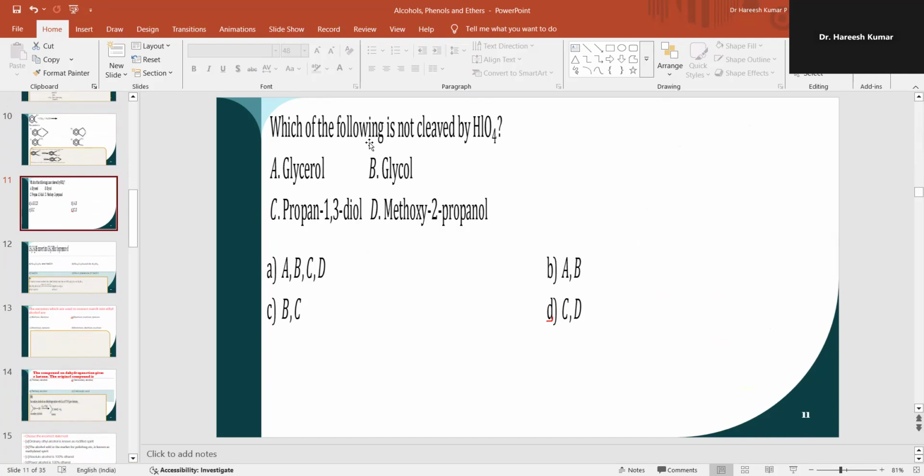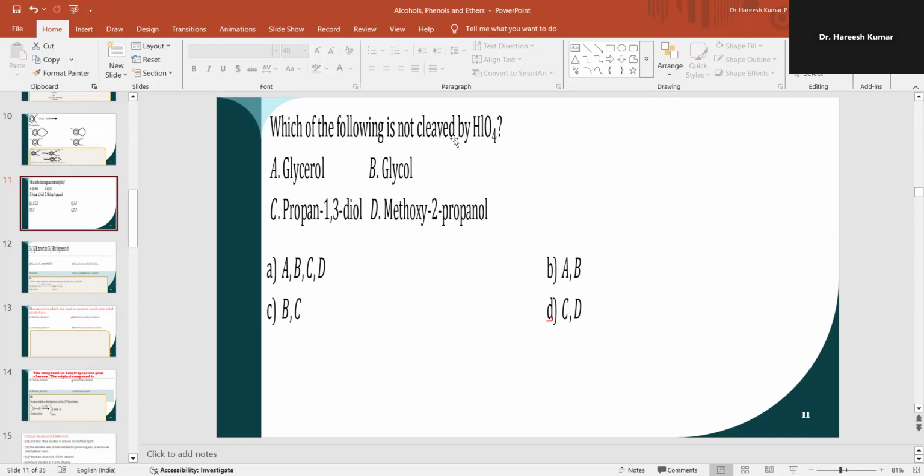Which one of the following is cleaved by periodic acid? Periodic acid, HIO4, is an oxidizing agent which cleaves selectively a 1,2-diol. Glycerol contains a 1,2-diol, so it will be cleaved.